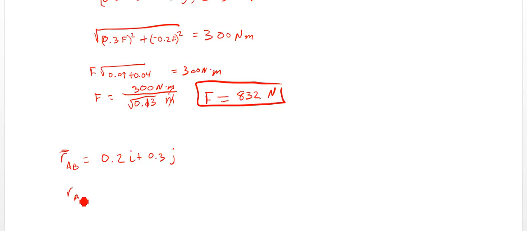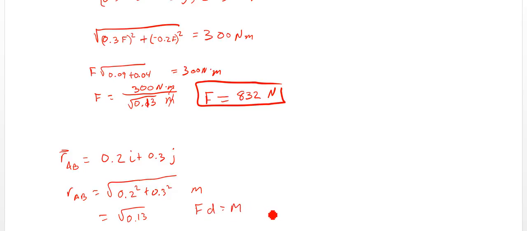So RAB, magnitude equals square root of 0.2 squared plus 0.3 squared meters. That again will be a square root of 0.13. And then we can use that with our force to find our moment. F times d was our moment. So 300 equals the square root of 0.13 times F. F then again would equal 832 newtons.